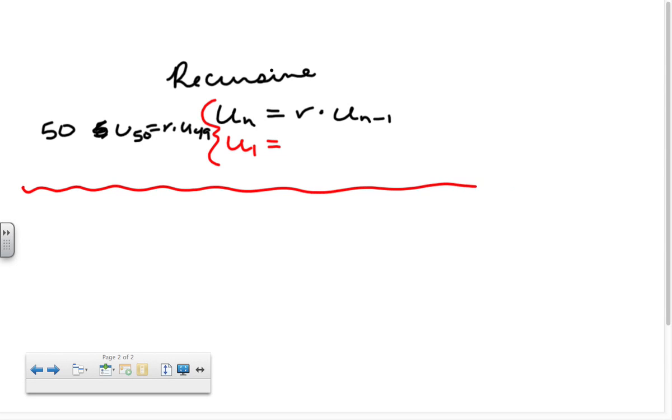So let's talk about the explicit. The explicit is u_n. I'm going to drag on my board today, I apologize. The explicit is u_n equals u_1, whatever the first term is, times the common ratio to the exponent n minus 1.